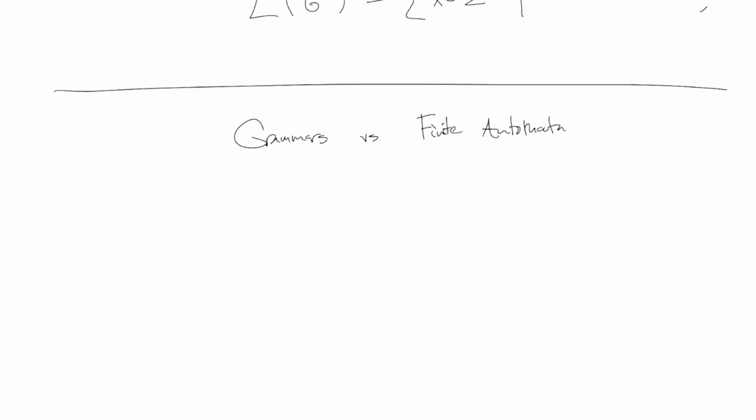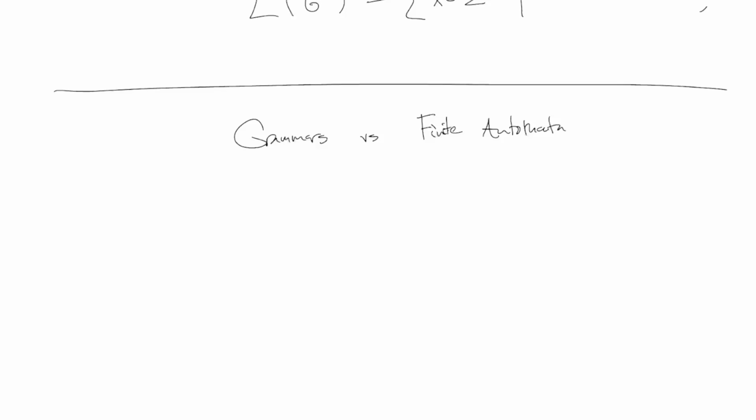I mean NFAs or DFAs, of course; everybody knows NFAs and DFAs have the same capabilities. How do grammars fit in with that bunch of capabilities? First of all, they are not the same. Grammars are not the same as finite automata. We have already seen examples where grammars can make a non-regular language.